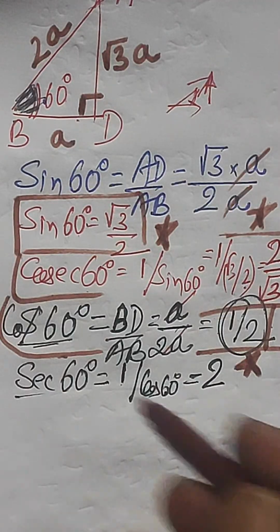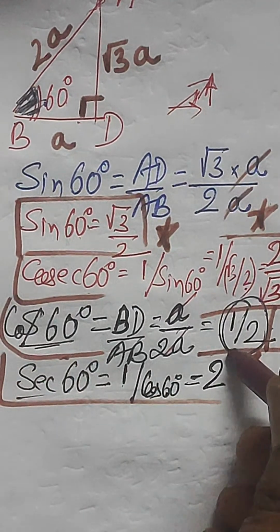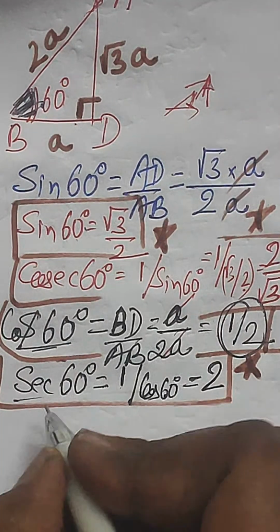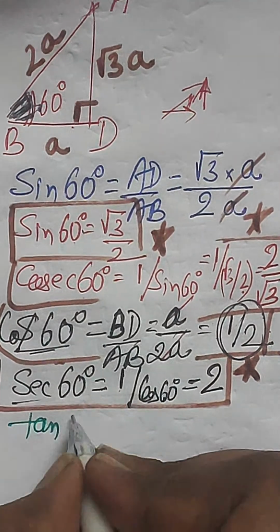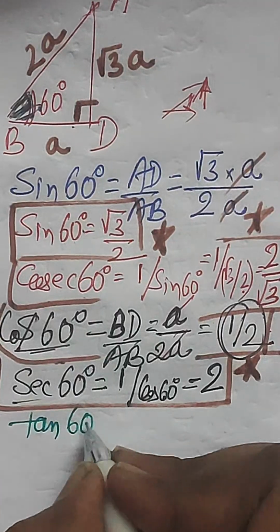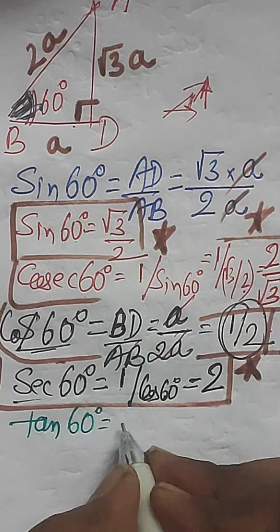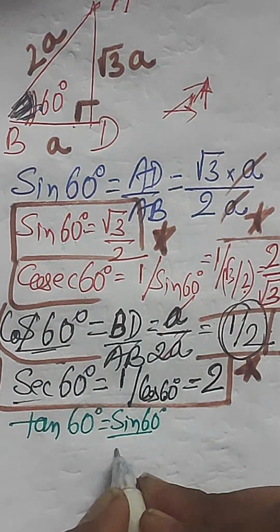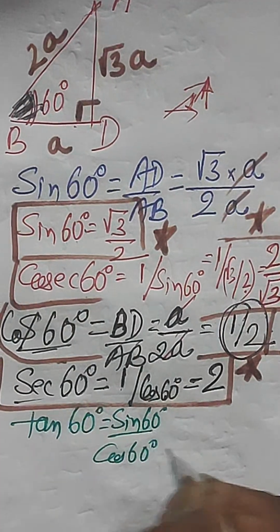In this way we have calculated the value of sec 60 degree also, right? Now students, what is left? Tan, which is the easiest. Why? Because we have already calculated sine and cos, and tan 60 degree will be the ratio of sine 60 and cos 60.